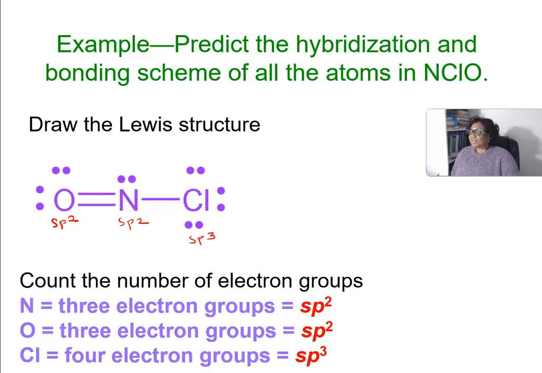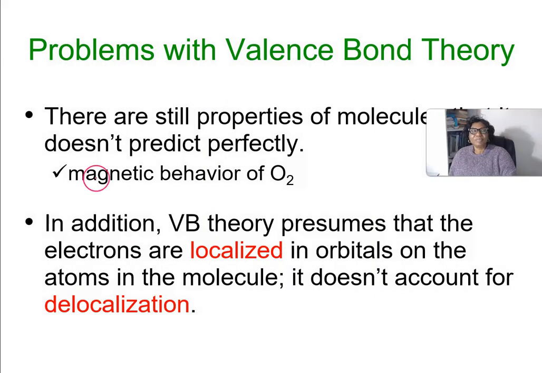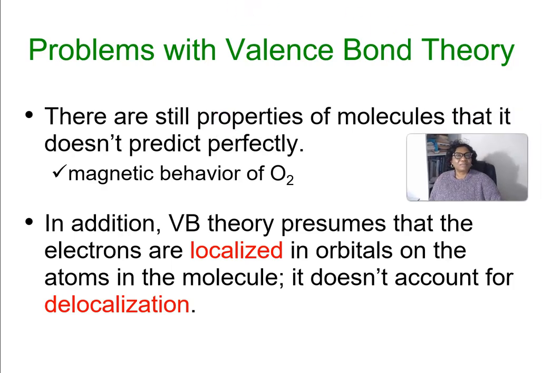We'll try to examine some problems of valence bond theory. There are still properties of molecules that it doesn't predict perfectly. For example, the magnetic behavior of oxygen. Valence bond theory could not predict it.